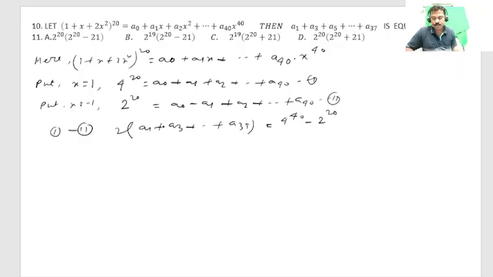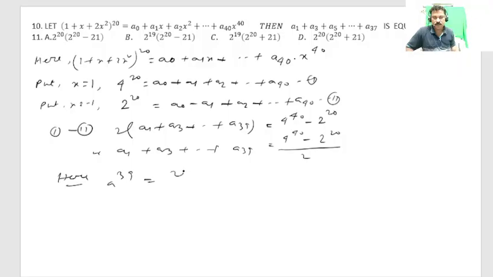Okay, so now a1 plus a3 plus so on to a39 equals 4 to the power 40 minus 2 to the power 20 divided by 2 here. Now here a39 equals 20 factorial into 2 to the power 19 into 1 divided by factorial 19.